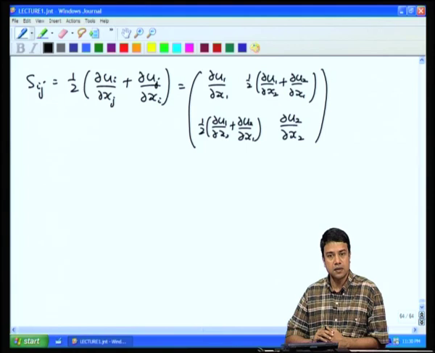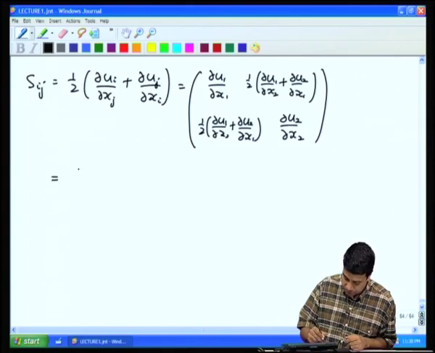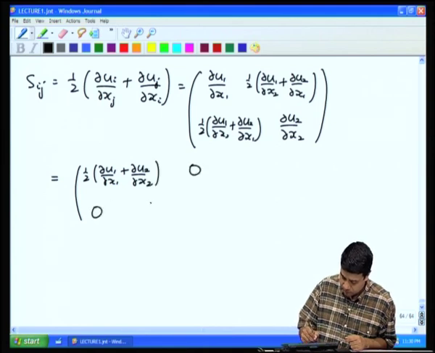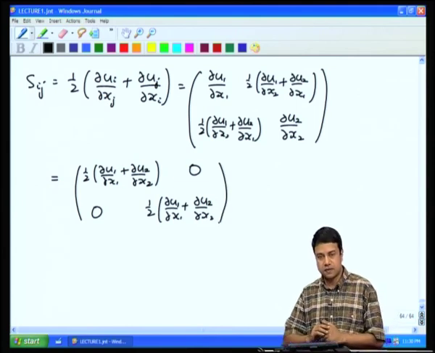The isotropic matrix has as its diagonal elements the trace of this matrix divided by 2. So, I can write it as half, so that is the first part.